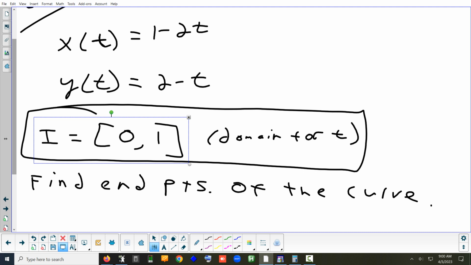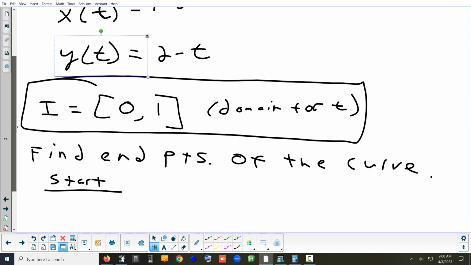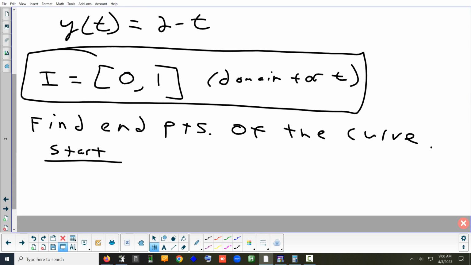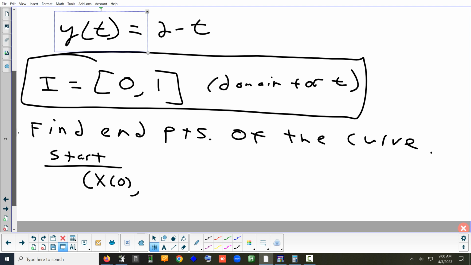So we're going to take 0 and we're going to plug it in to each formula. And that's going to give me the coordinate of the start point. So to find the start point, take 0, plug it into the x formula, and then take 0 and plug it into the y formula. Don't worry about the 1. The 1 doesn't have anything to do with where it starts.